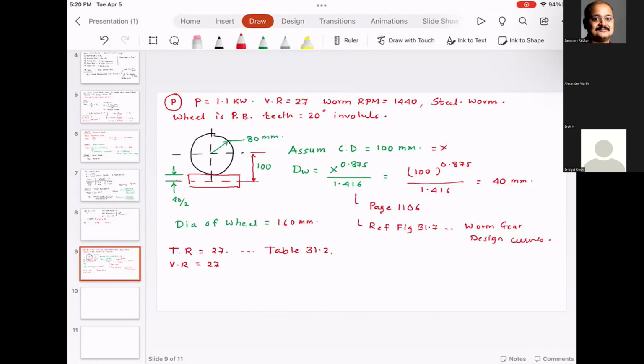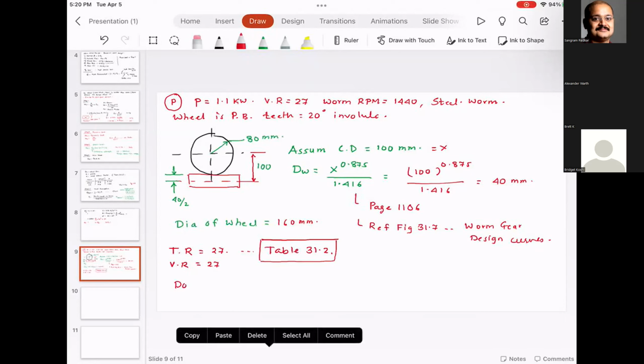All this information comes from table 31.2. Here, since the velocity ratio is 27, which is between 12 and 36, we will use a double start worm.